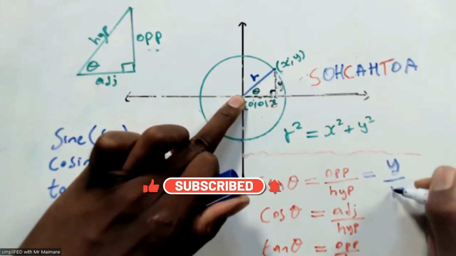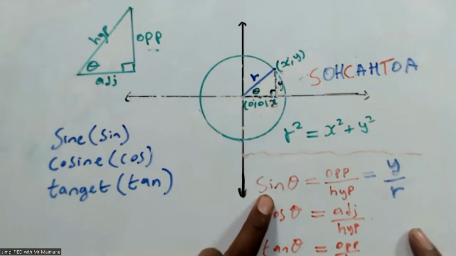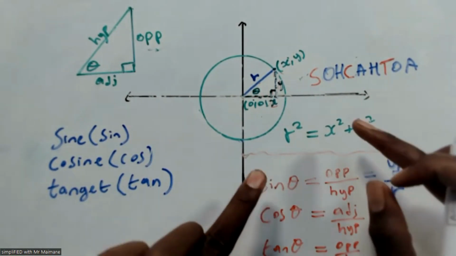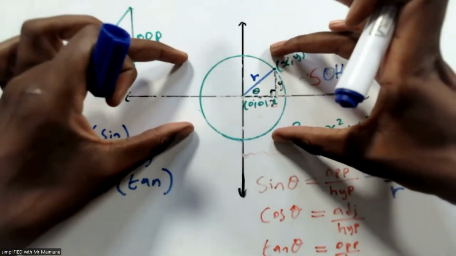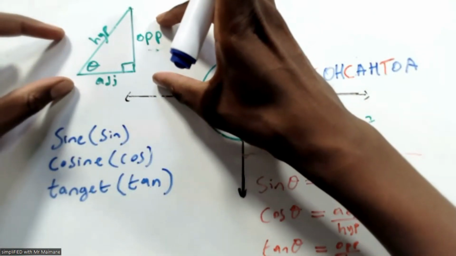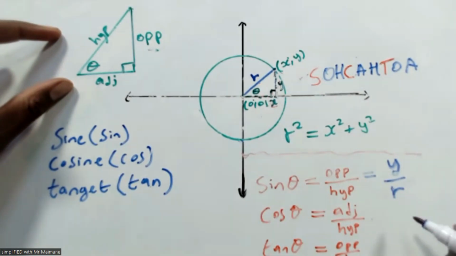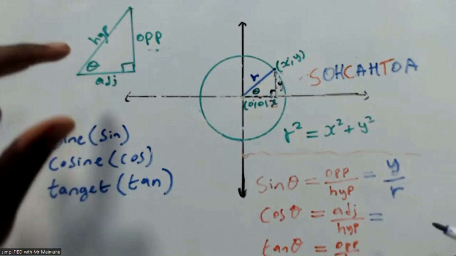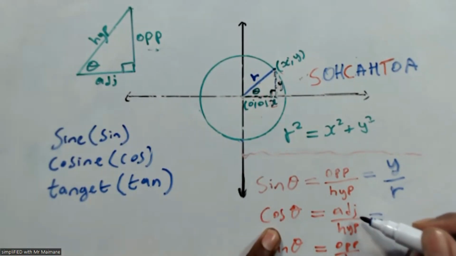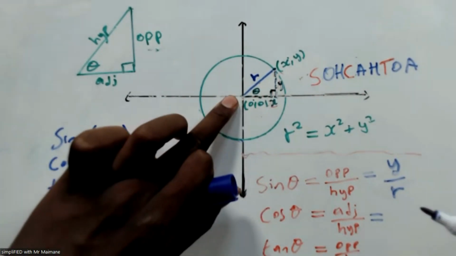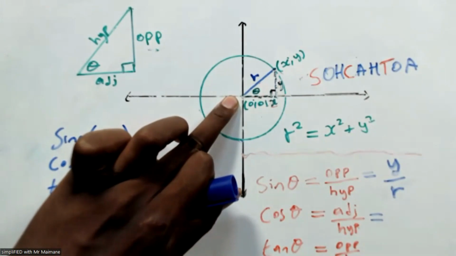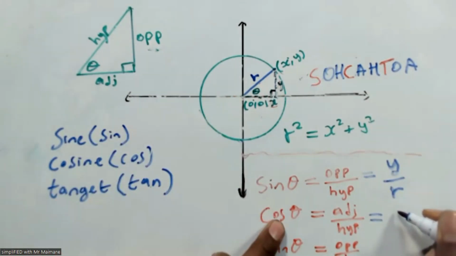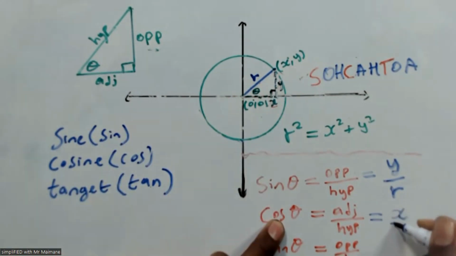Yes, I do. That's why we say sine theta is equal to y over r, if we use a circle instead of just the triangle to explain the Pythagoras theorem. And cos theta, because cos theta is adjacent over hypotenuse, when we look here, adjacent is x and the hypotenuse is r. So cos theta will be x over r.